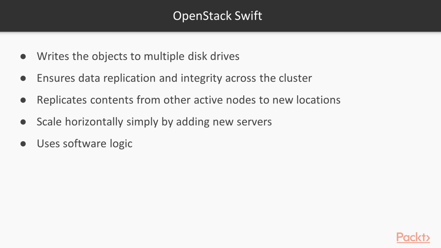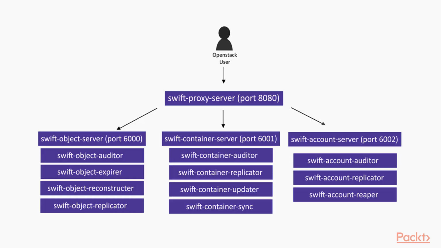Should a server or hard drive fail, Swift replicates its contents from other active nodes to new locations in the cluster. Storage clusters scale horizontally simply by adding new servers. Because OpenStack uses software logic to ensure data replication and distribution across different devices, inexpensive commodity hard drives and servers can be used. We will now look at Swift architecture.